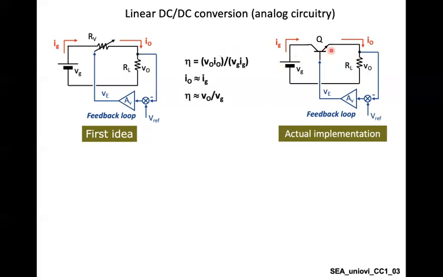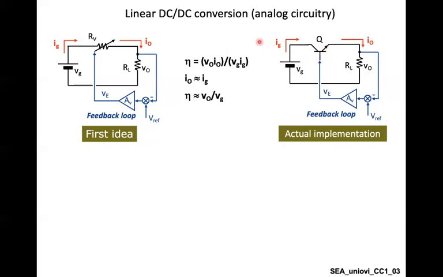Accordingly, you can say that the efficiency of this circuit is simply the output power over the input power. The output power is V output times I output, and the input power is VG times IG. As you can see from this circuit, whenever this switch is turned on, IG and I output will be typically the same.